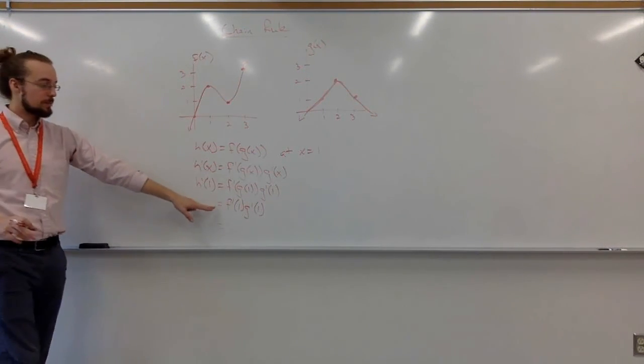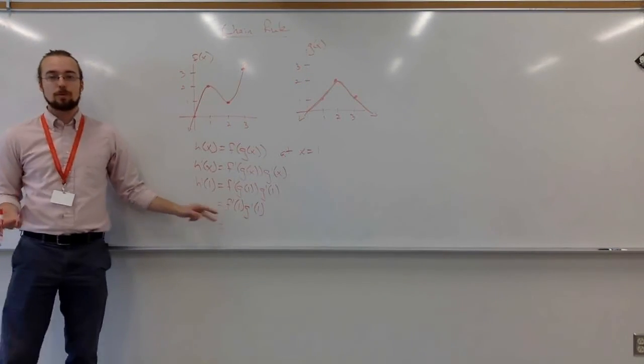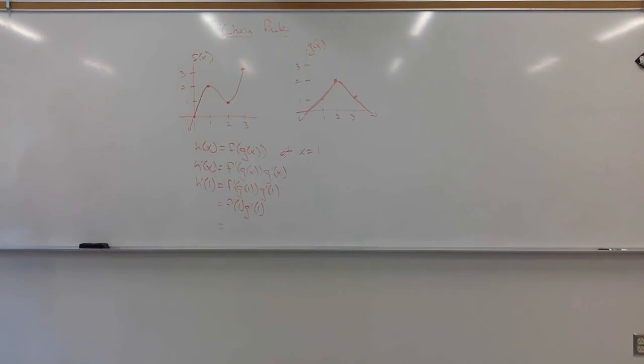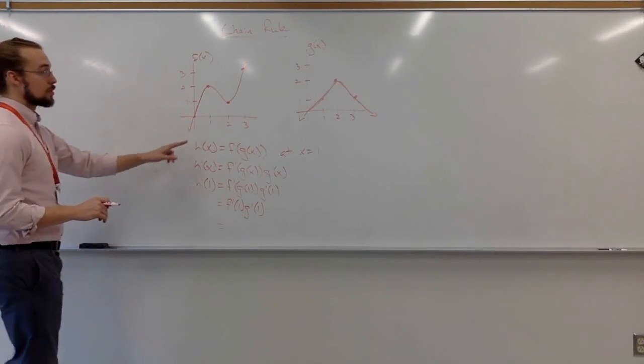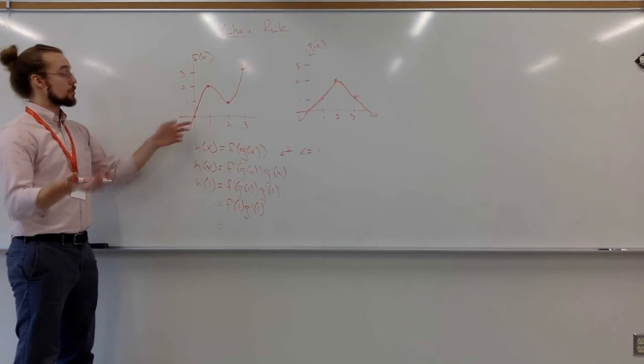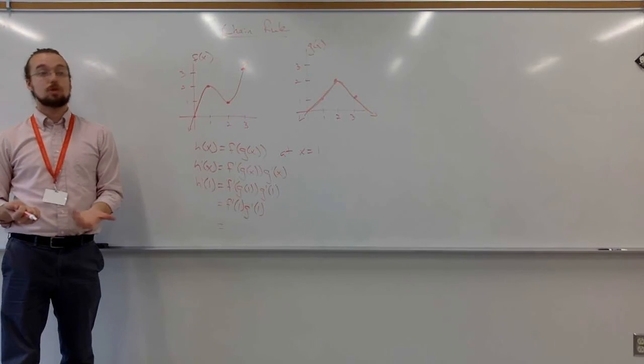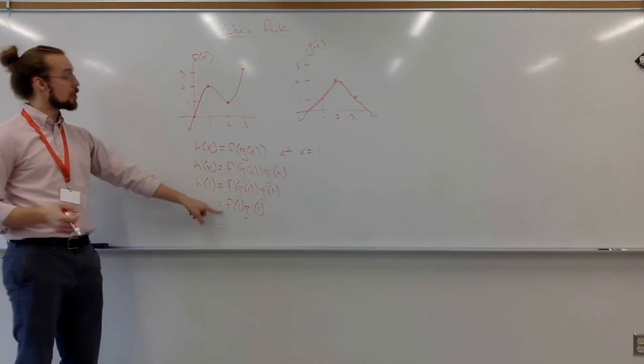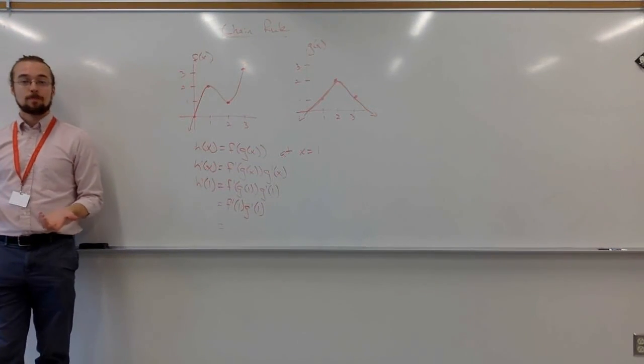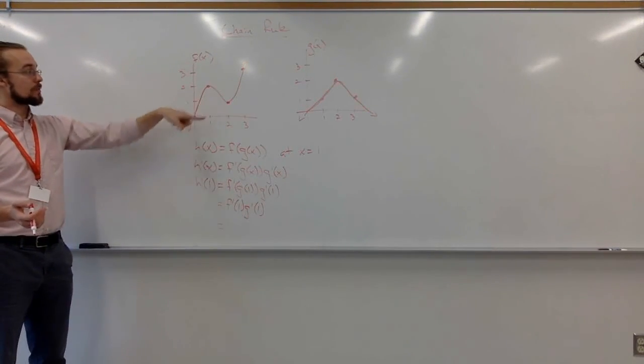So what does this even mean? F prime of 1. What does that mean? What am I looking for from a graph? Yes, I'm looking for the derivative, which means the slope, right? So I'm looking for the slope at 1. What's the slope of this graph at 1?